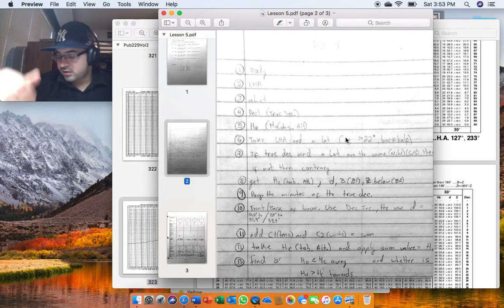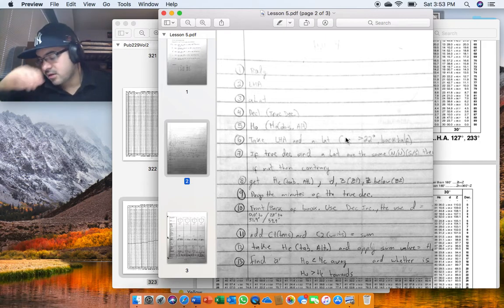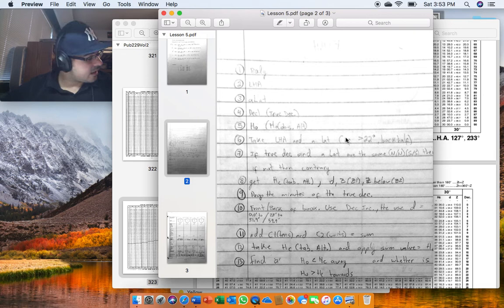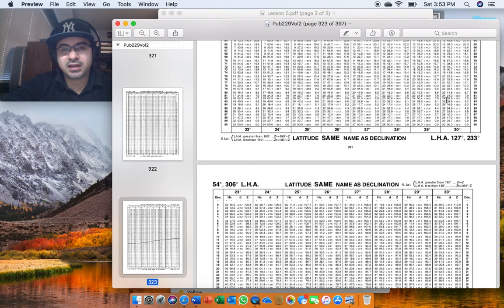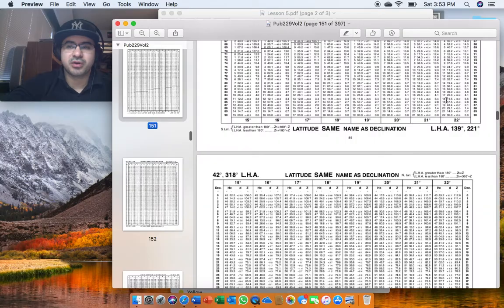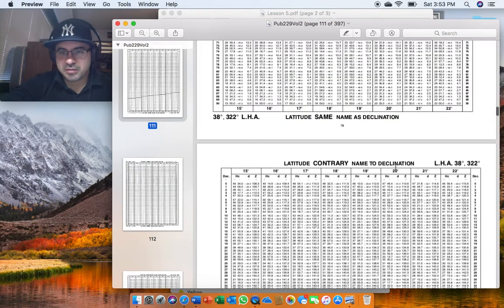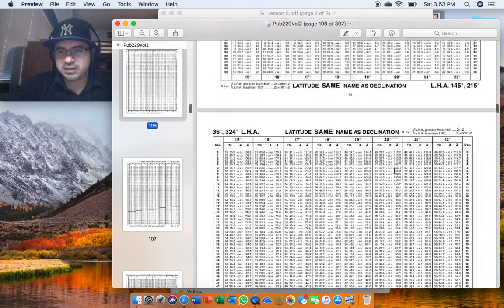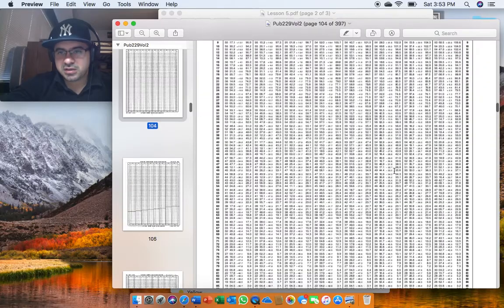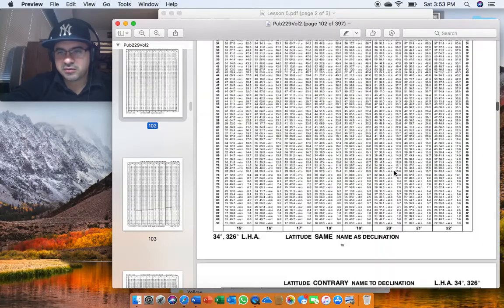Your LHA is 315, and you have your A latitude at 20. So that means your A latitude is dictating that you're going to go to the first half of the book, right?